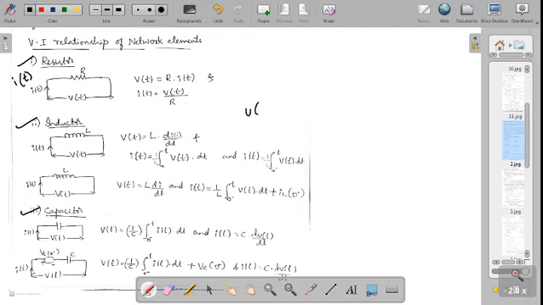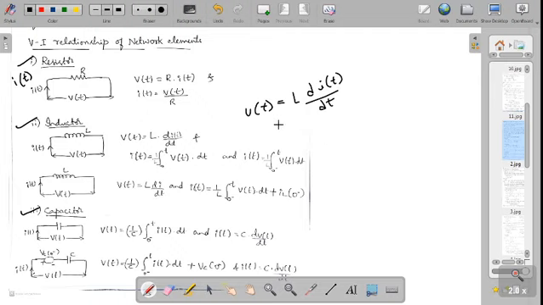So the voltage established across the inductor is v of t equals L, the inductance of this inductor, into d of i with respect to dt, the differentiation of current with respect to time. That is L into di of t by dt.